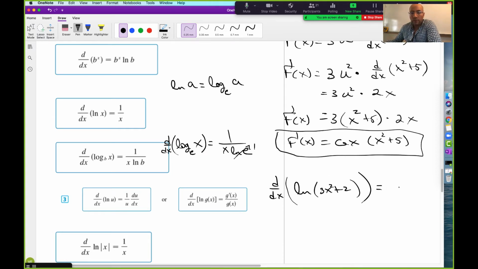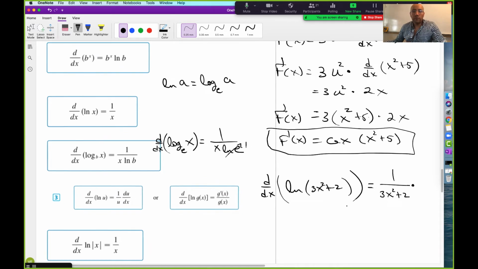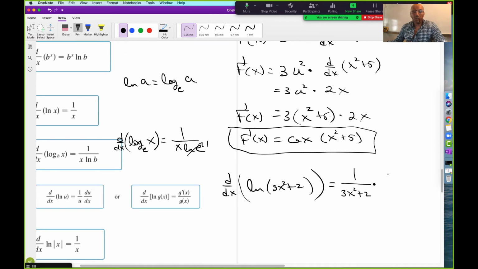So this is going to be 1 over this part of it, which is 3x squared plus 2, times the derivative of that inside function. So then we'd still have to multiply it this way, d dx of 3x squared plus 2.